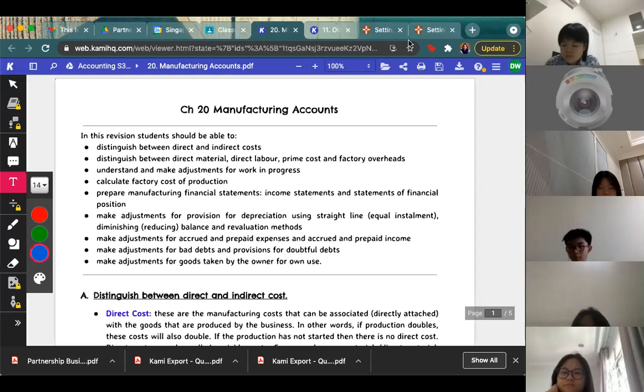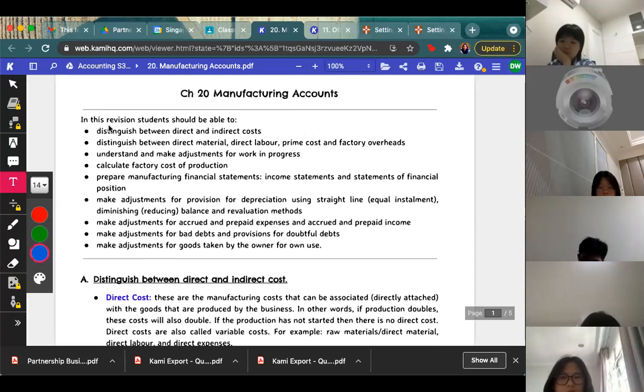Meanwhile, in a manufacturing business we have a production cost. We are not purchasing finished goods, but producing goods, so we need to find out how much the cost of production is. I need you to get the picture first before I jump into how accounting will record transactions in a manufacturing business.